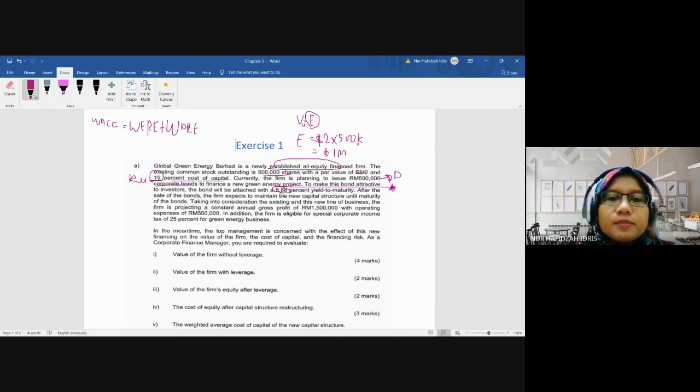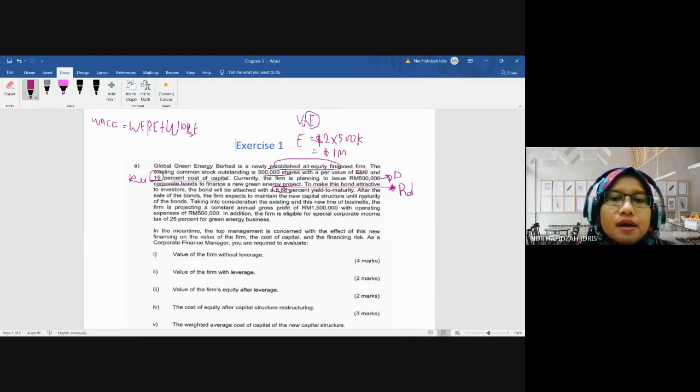So this 8.8% refers to the cost of the bond. This here is RD, the cost of the bond before tax.